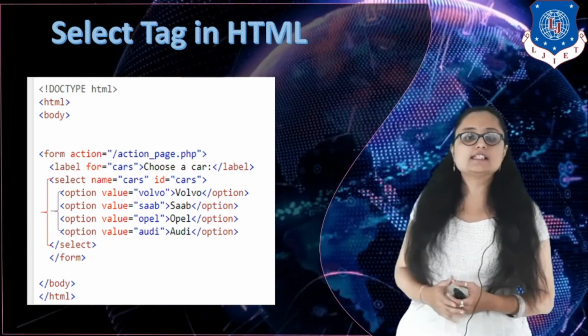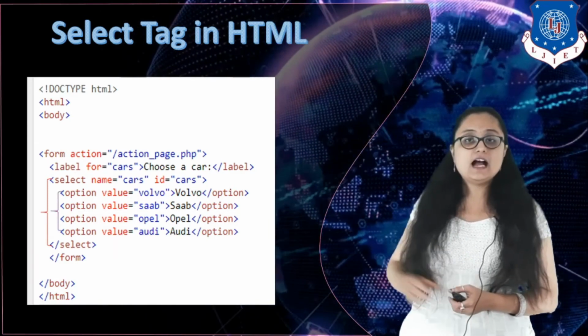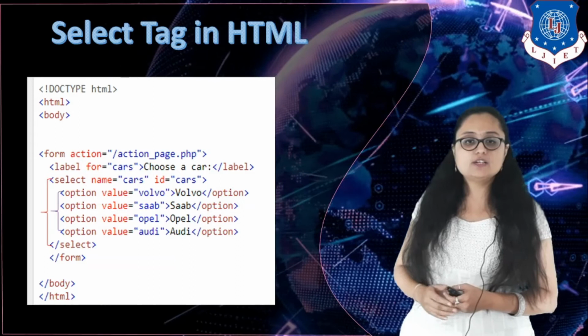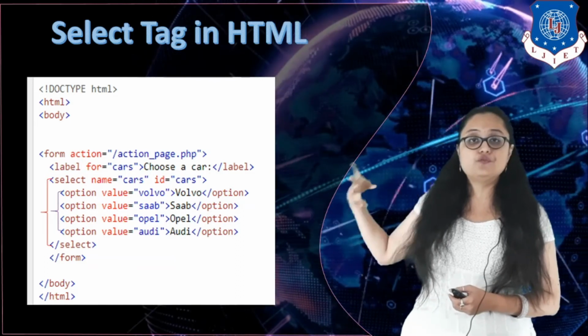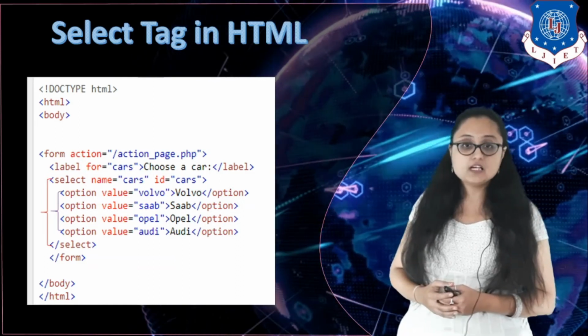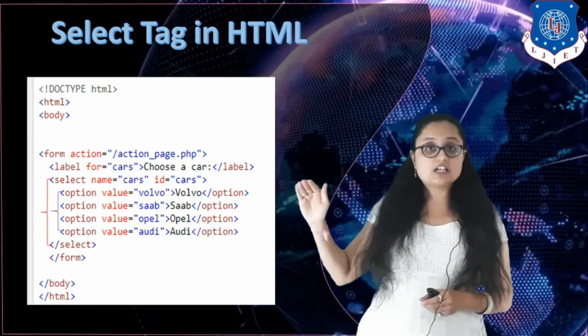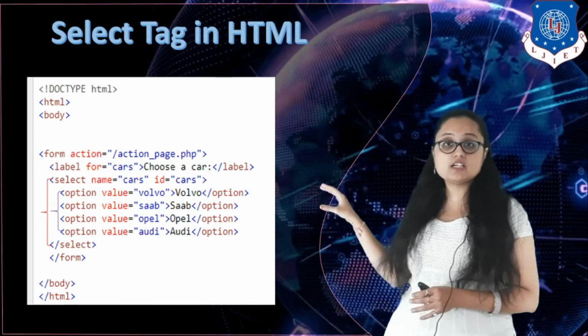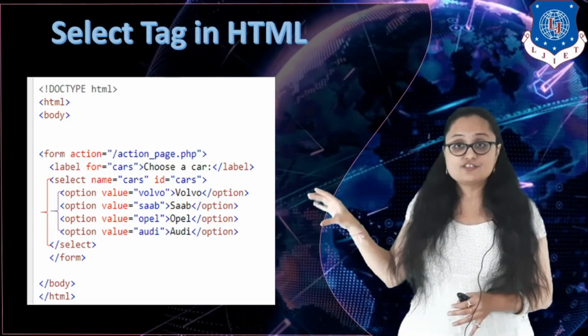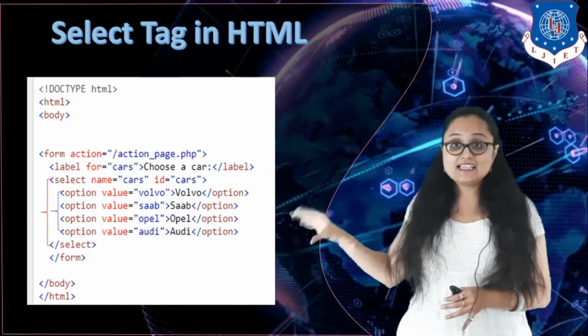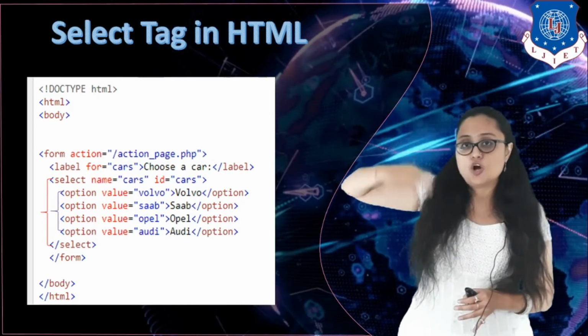Next, inside the select tag, I have various options. So you can see 1, 2, 3, 4. I have 4 option tags written, and this also is very important. You have started the option tag, you have completed the option tag. In between, whatever text you write, that text will be displayed in your drop down menu.